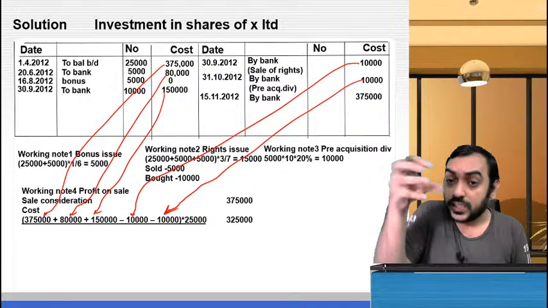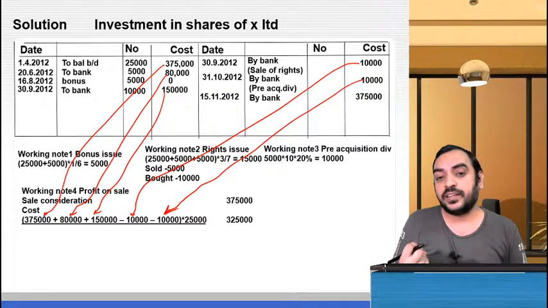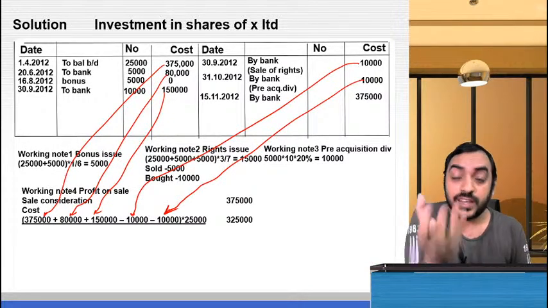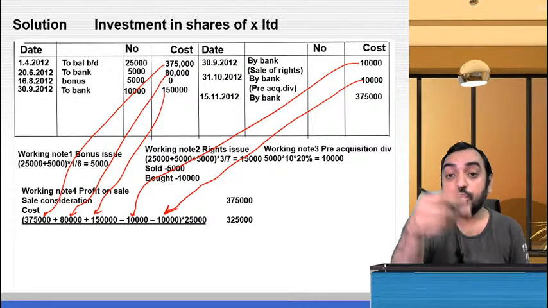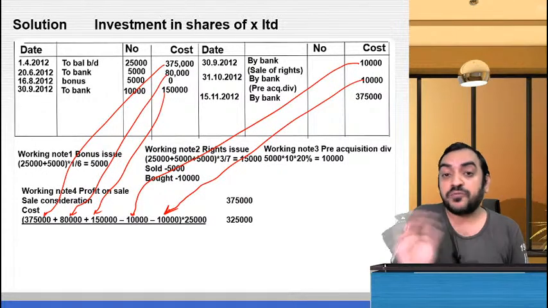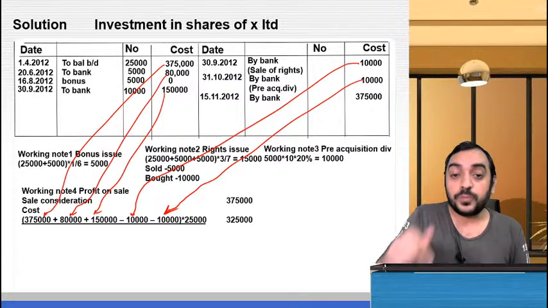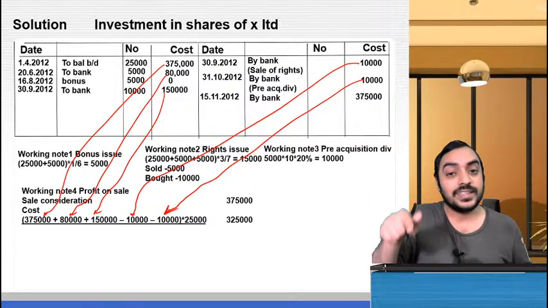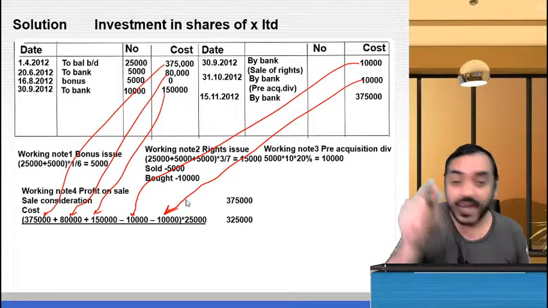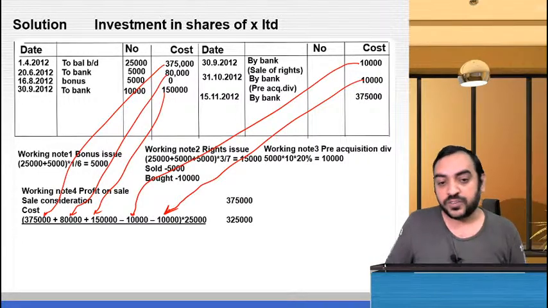So this cost includes an element of dividend. So when you paid for the share, the cost includes dividend. So when you receive dividend, it's not an income for you. It is a recovery of cost. Therefore, it should be adjusted with cost. In the sense, it should be subtracted from cost, which is what we have done now.